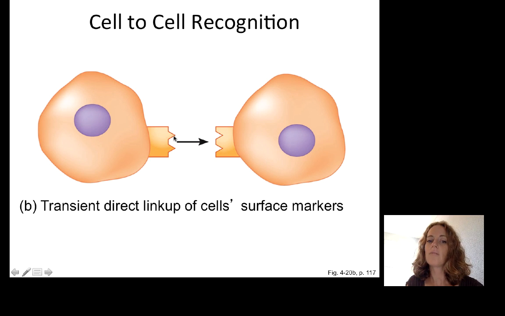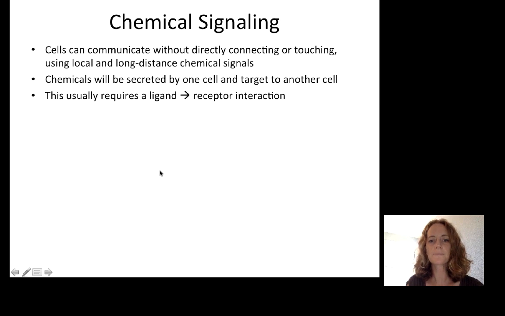If it is not recognized, or it's recognized as something foreign, for example, a pathogen that we have been exposed to before, say E. coli or something like that, then the immune cell or that body cell will say, that's a non-self cell, and we will want to deal with that accordingly. Destroy it, mount an immune attack, etc. So that is cell-to-cell recognition.